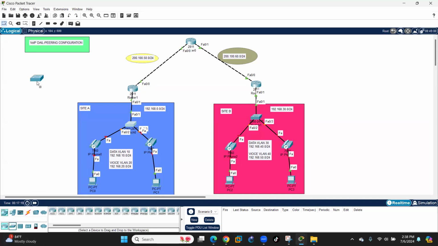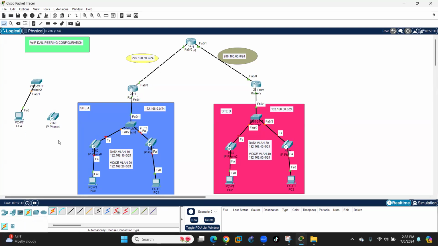This is what we were doing before. Before, this is what we've been doing: separate connections. You can see they are different ports.